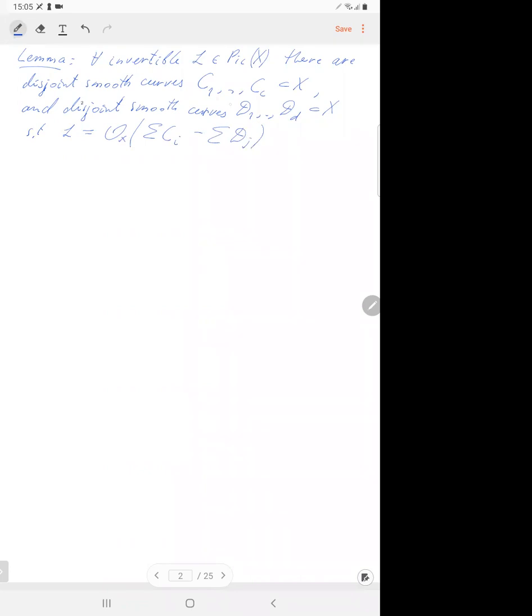So C's and D's may intersect. There are no intersections between various C's and between various D's, but C's and D's can possibly intersect. And the proof is by Bertini theorem.